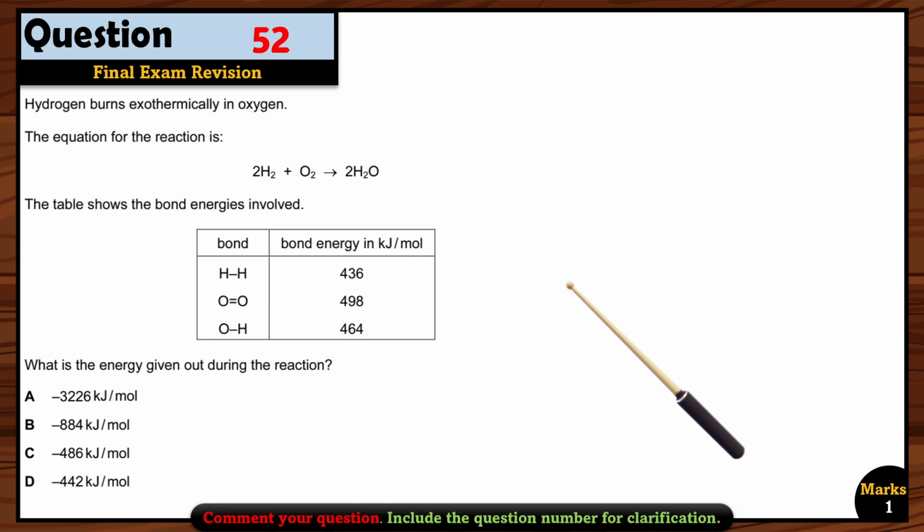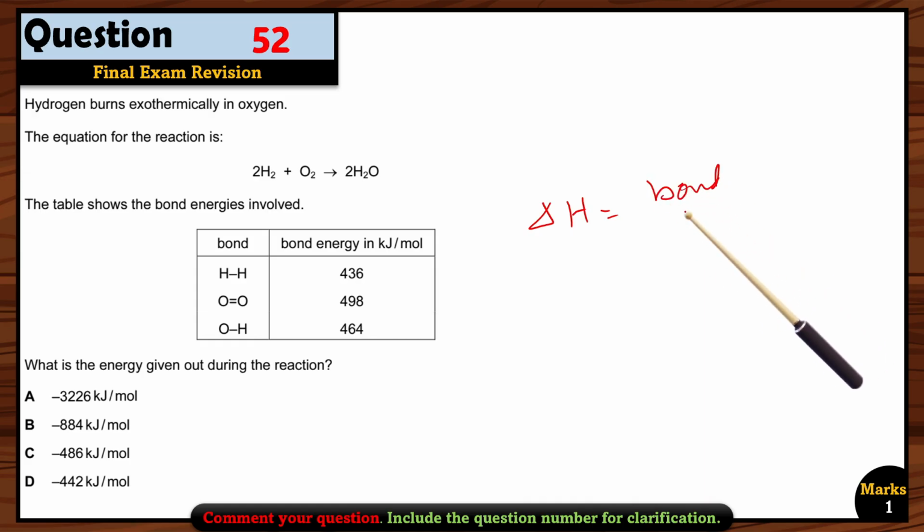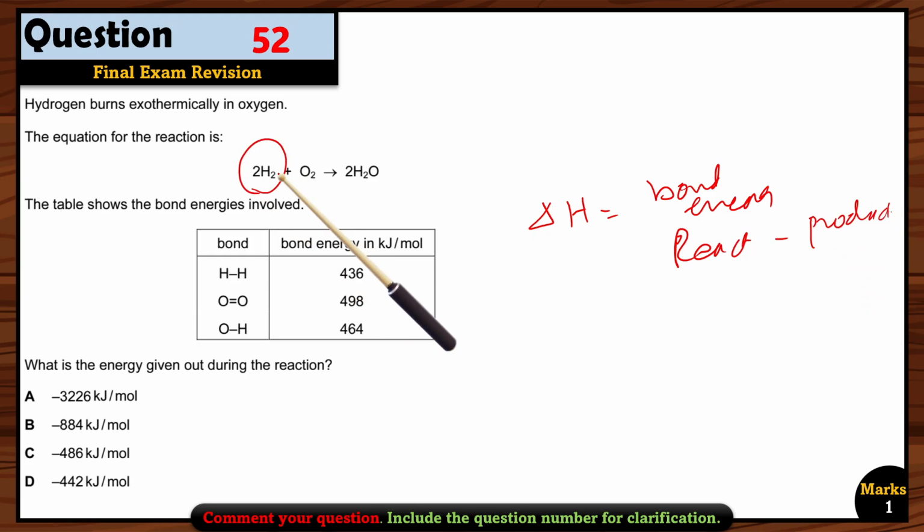It is simple. The students already know the formula that delta H is equal to the bond energies of the reactants minus the products, right? But the common mistake students make is that they don't know how to draw the structural formula and find which bonds are present. So whenever you are writing the bonds, you first have to make the structural formula.